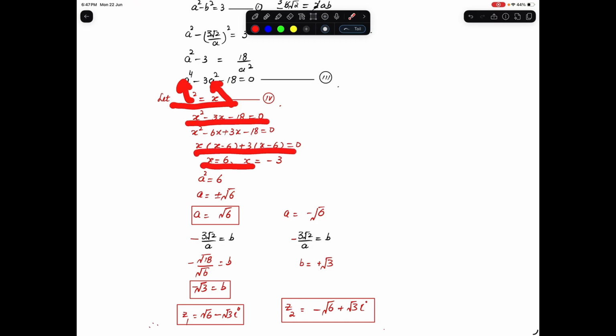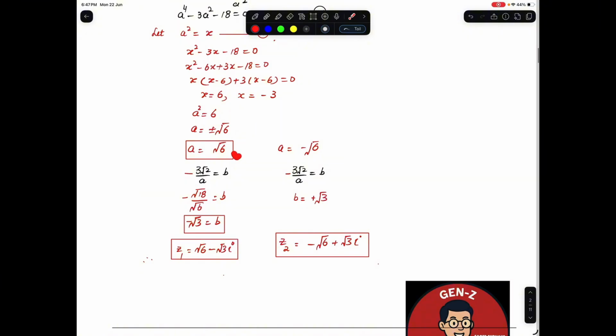Then solve the quadratic equation and you will get the two values: x is equal to 6, x is equal to minus 3. You will ignore x is equal to minus 3, because a and b are real numbers. So you will get a is equal to plus minus under root 6, a is equal to under root 6, or a is equal to minus under root 6.